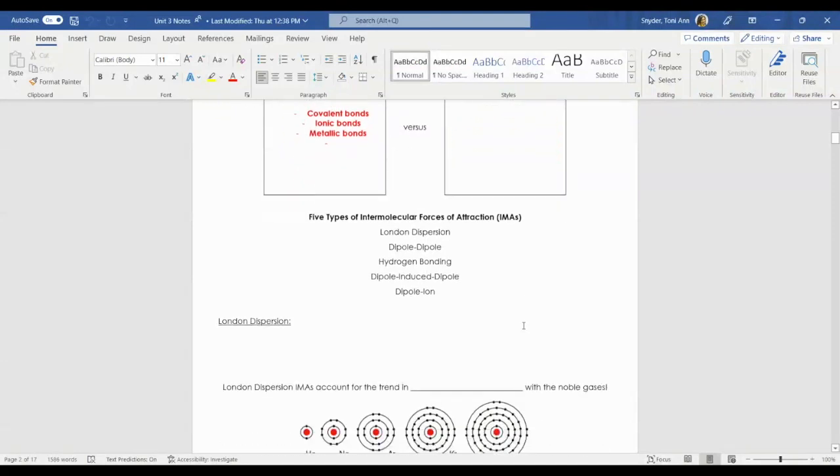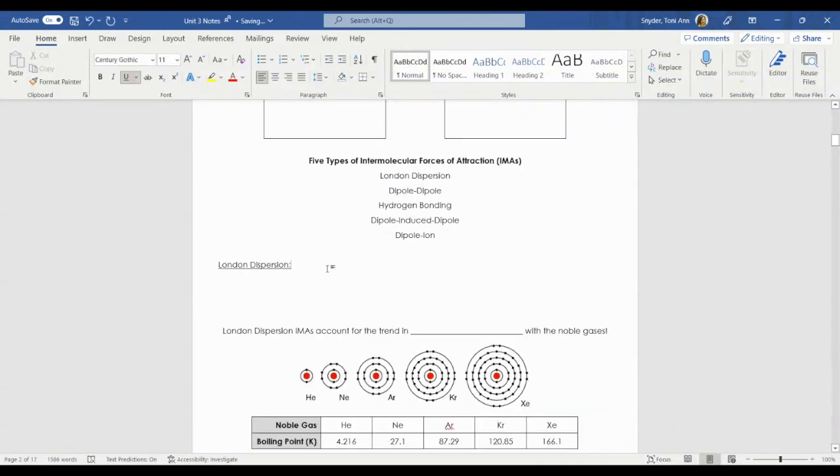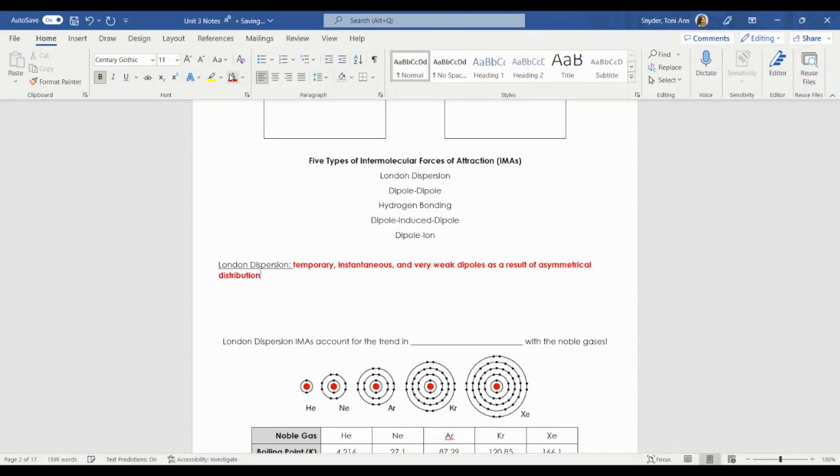The first one that I'd like to talk about is a London dispersion intermolecular force of attraction. London dispersion intermolecular forces are temporary, instantaneous, which means they happen in an instant, and very weak dipoles as a result of asymmetrical distribution of electrons around the nucleus.